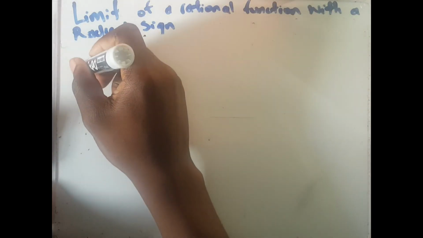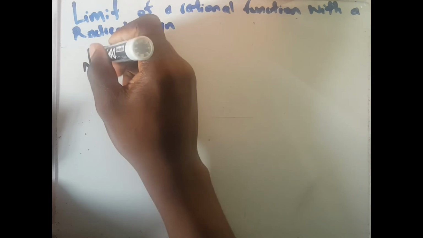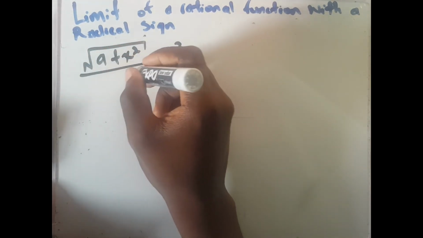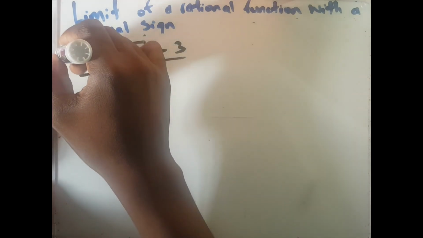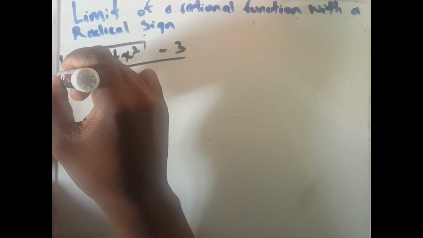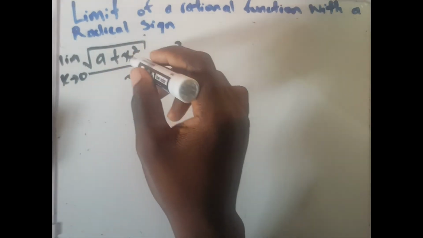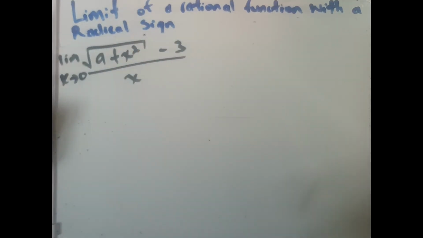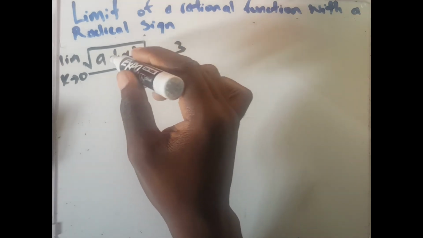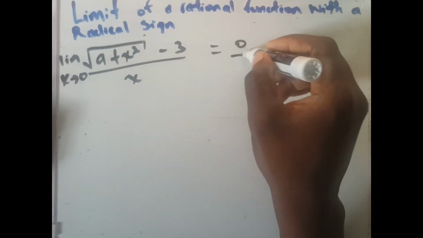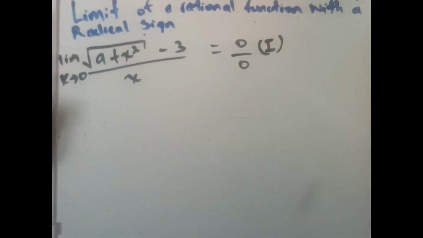For my next question, I have the square root of 9 plus x squared minus 3 all over x, and I'm finding the limit of this as x approaches 0. If I substitute 0 in my equation, I'd have the square root of 9 minus 3, which would be 0 over 0. And this is indeterminate.